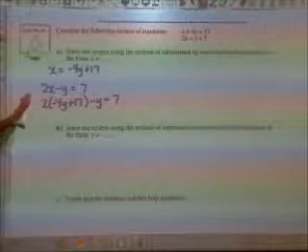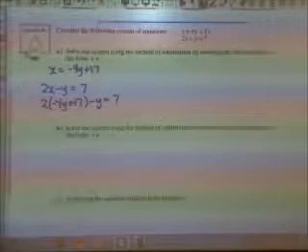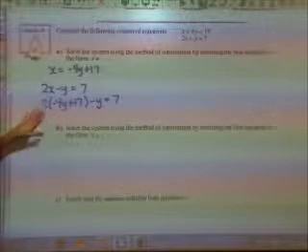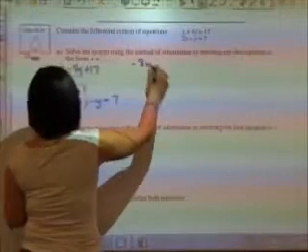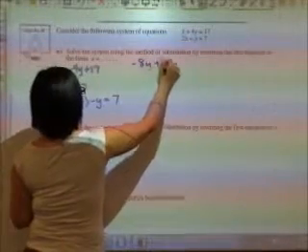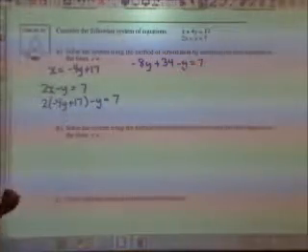I no longer have a two-variable equation. I now have an equation that is just in y. This is the equation that I can solve. So I'd start off by removing the brackets, and I'd have negative 8y plus 34 minus y equals 7.